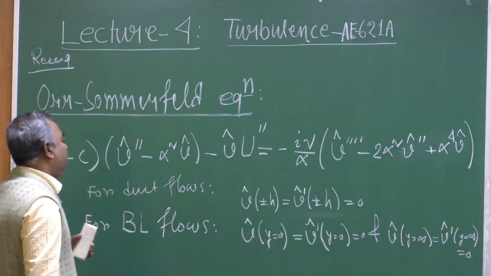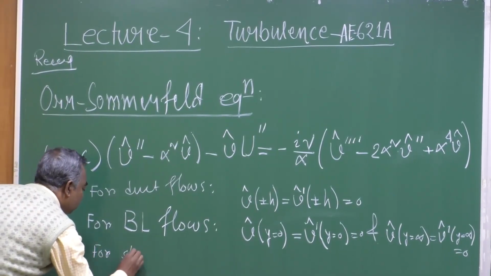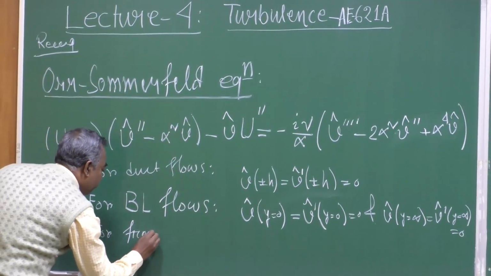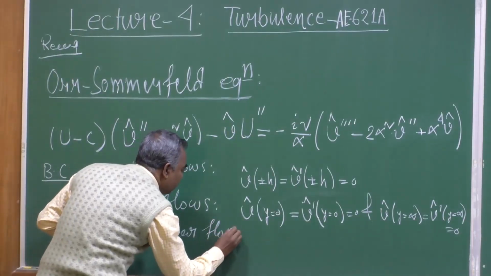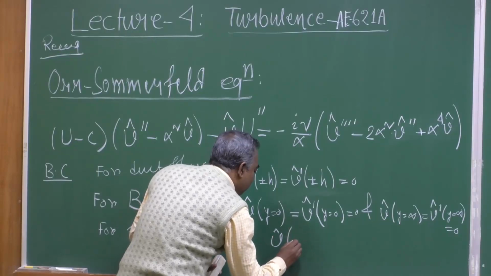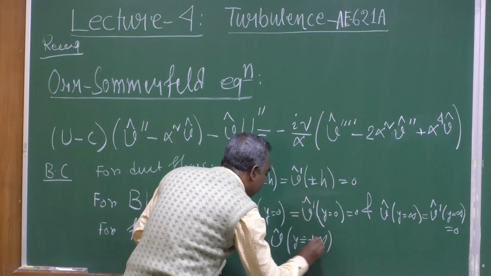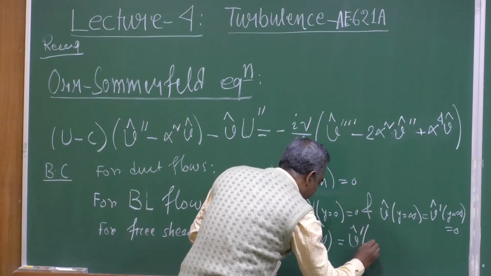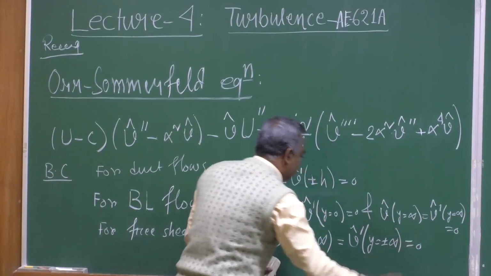And the last one, for free shear flows, the condition at plus minus infinity, as well as v hat prime at y is equal to plus minus infinity is 0.